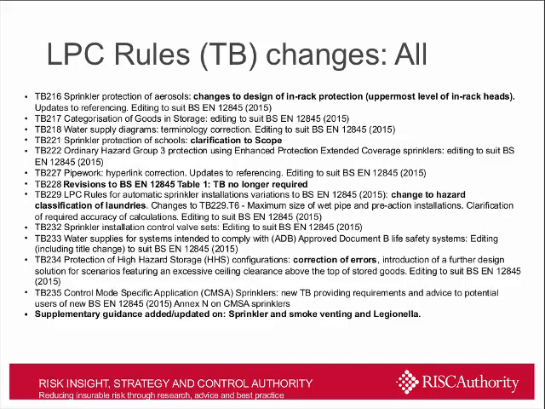In TB 234, I've spoken about some of that, but note we've also corrected other errors throughout the document that were detected after its publication. And finally, we have also included in Part 3 of the LPC Rules supplementary guidance added or updated on sprinkler and smoke fencing and Legionella.